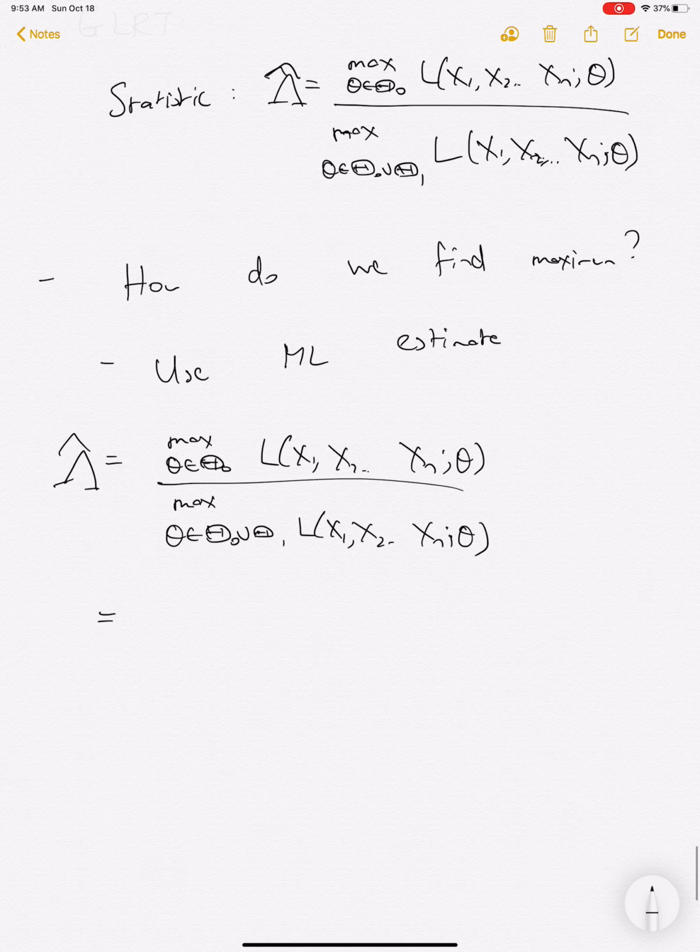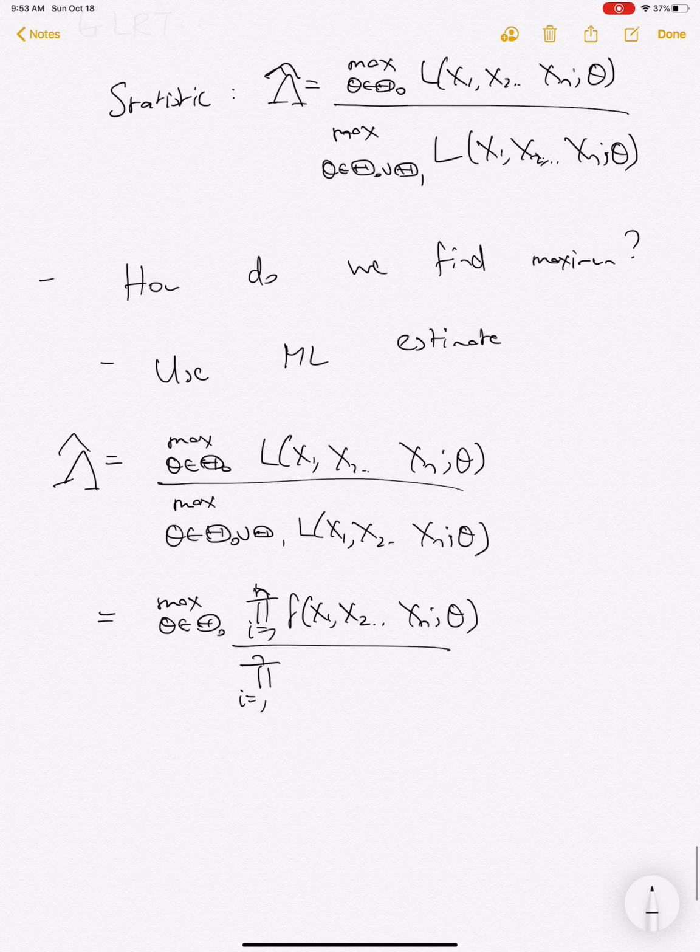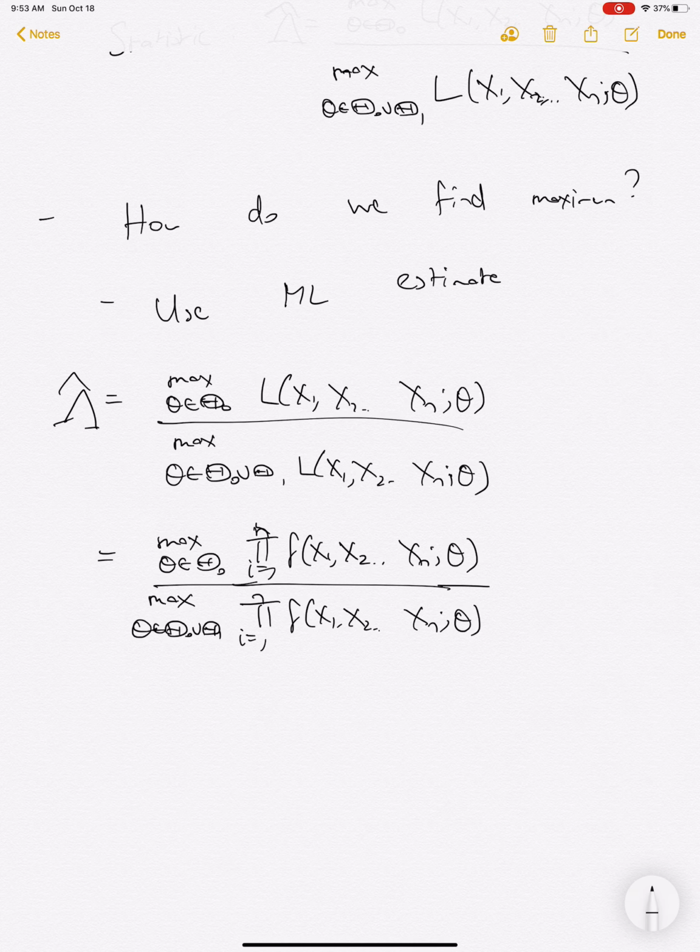Okay, and then we can write this out as, because we know that the likelihood here is just the product. So this is how we write this out. So this is the GLRT.